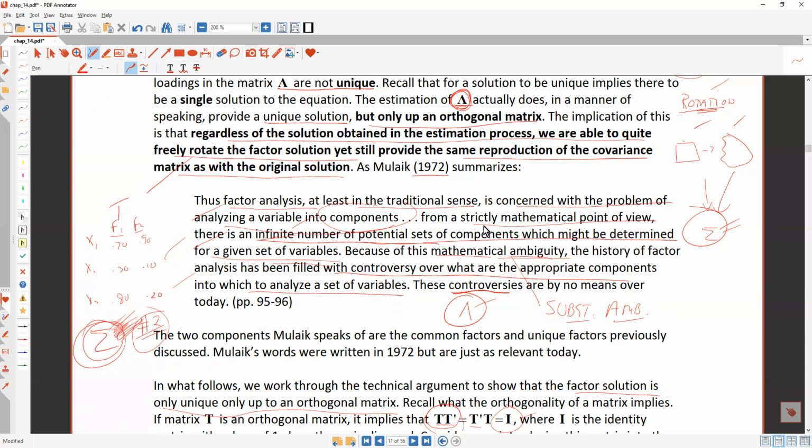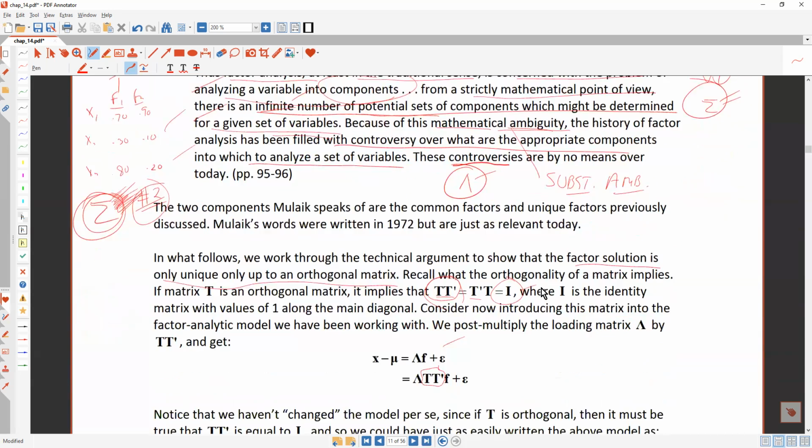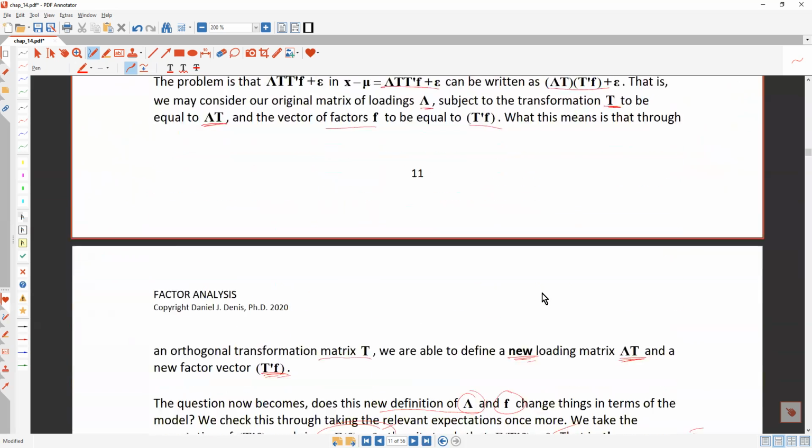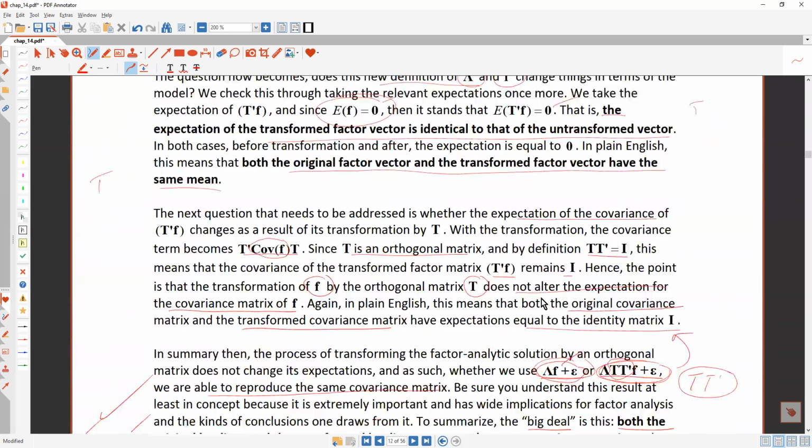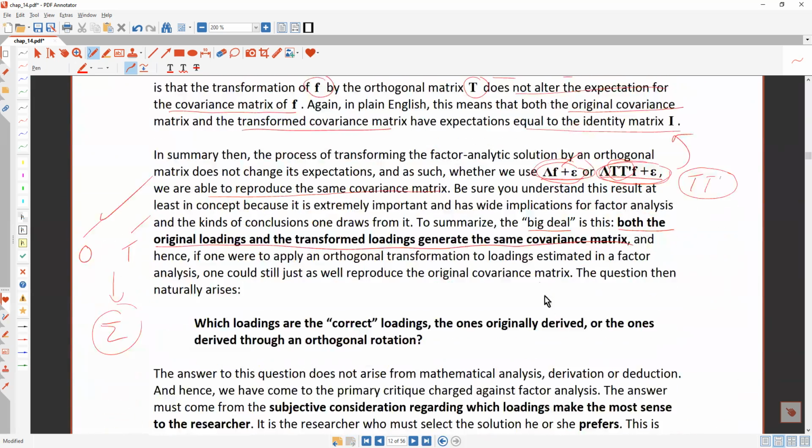And that's why we say there's mathematical ambiguity, but it leads to scientific ambiguity. Why there's a lack of clarity as to the true nature of the factors, because there is not a true nature to the factors, because there are so many different options producing the loading matrix.